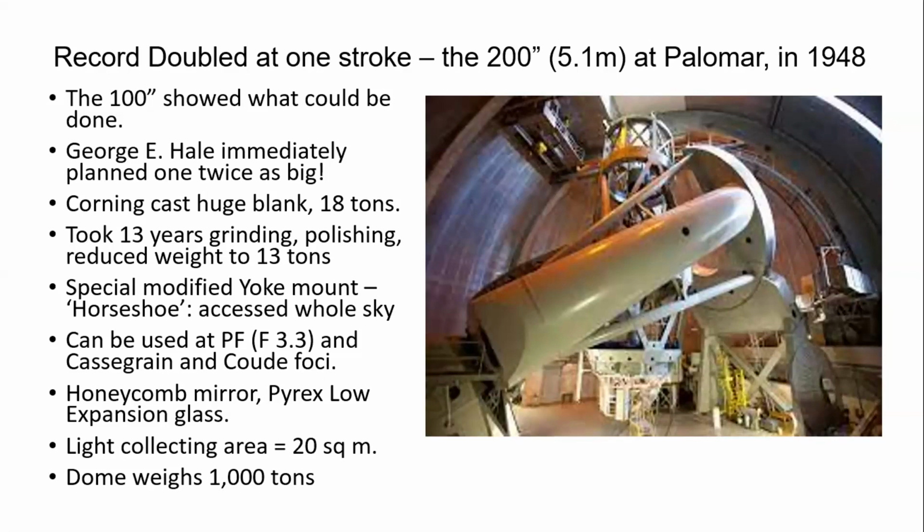So the statistics, again, are absolutely mind-blowing. The dome alone weighs 1,000 tons, and the collecting area of the mirror is 20 square meters. And because I know a few people in astronomy, Angela and I were lucky enough to get a personally conducted tour from the basement up to the top.